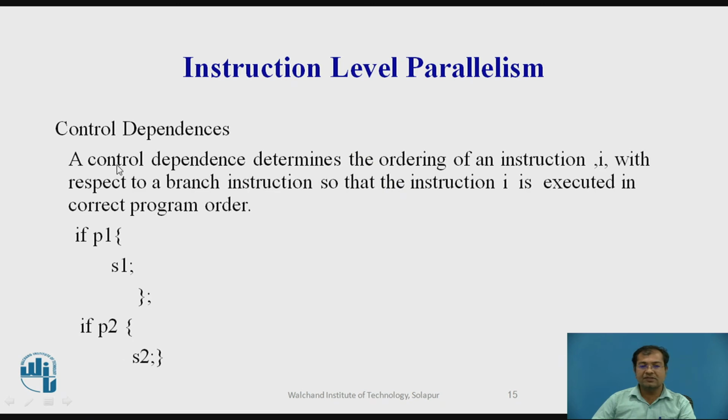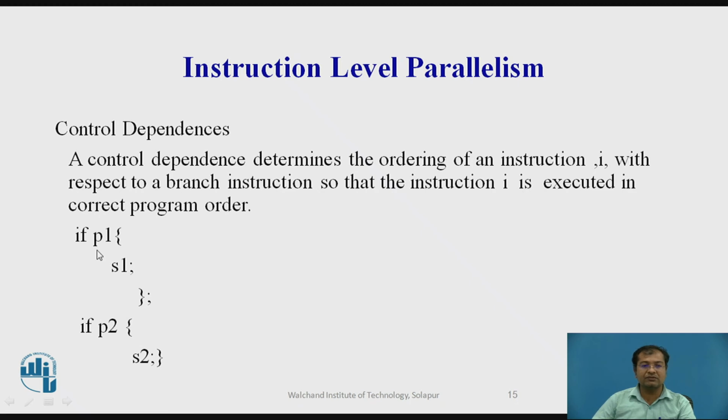The third type is control dependence. Control dependence determines the order of an instruction I with respect to a branch instruction, so that instruction I is executed in correct program order. For example, S1 can execute only if this condition is true, or else not. So this is the dependency.